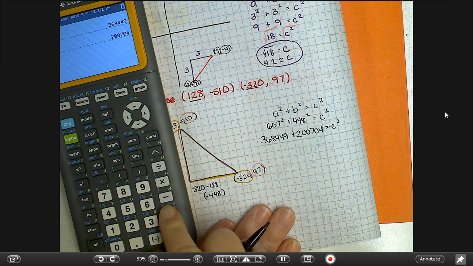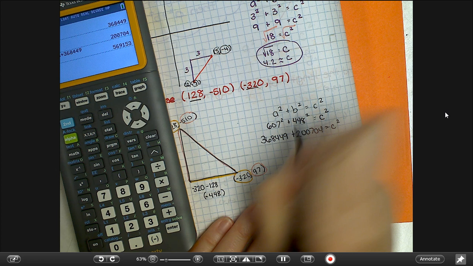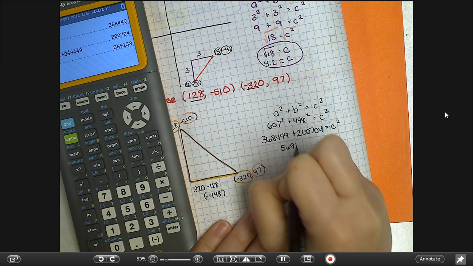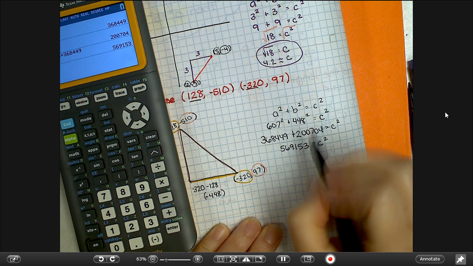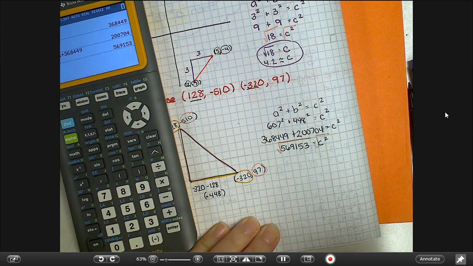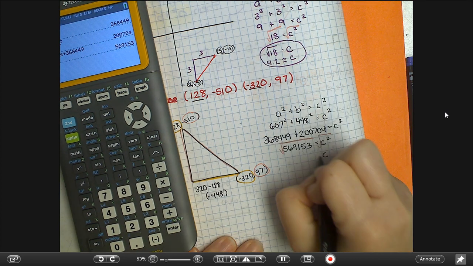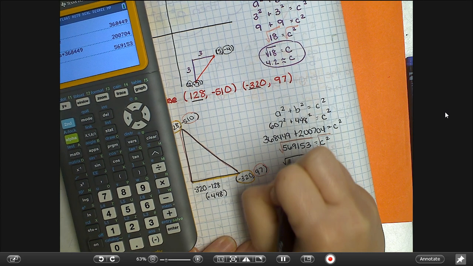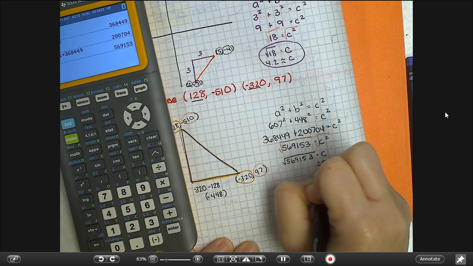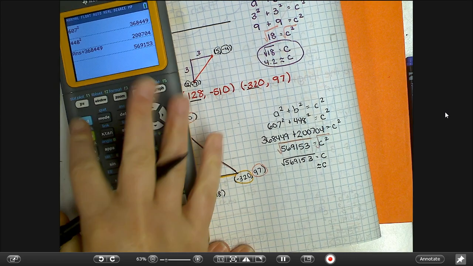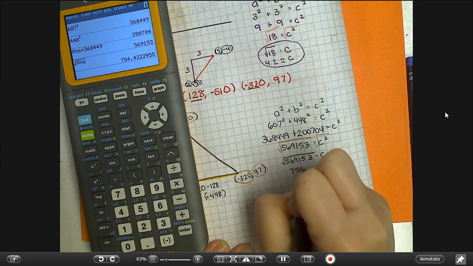We're going to add those together. And like before, take the square root. So C equals the square root of this huge number, which is approximately equal to 754.4.